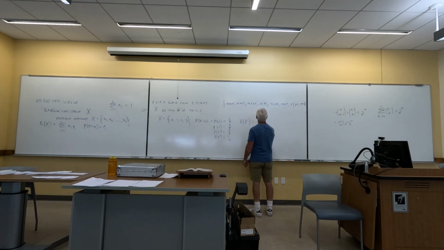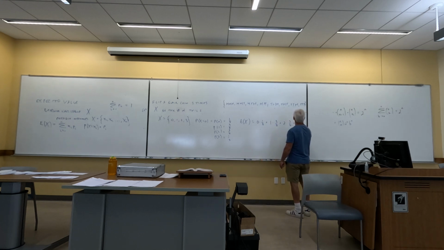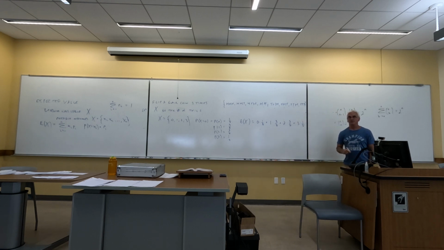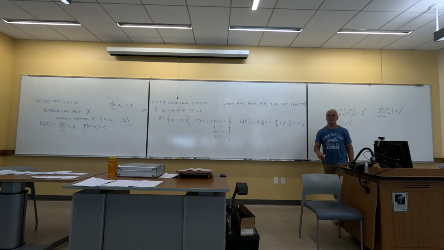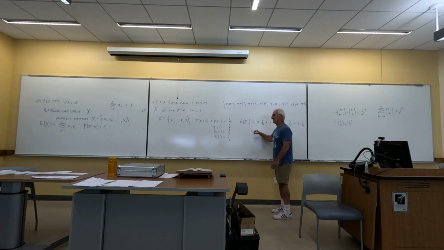It's 0 times 1/8 plus 1 times 3/8 plus 2 times 3/8 plus 3 times 1/8. That is exactly the expected value because it's a fair coin. Remember, if it was not a fair coin, all things are different. And what does this come out to be? 1.5.